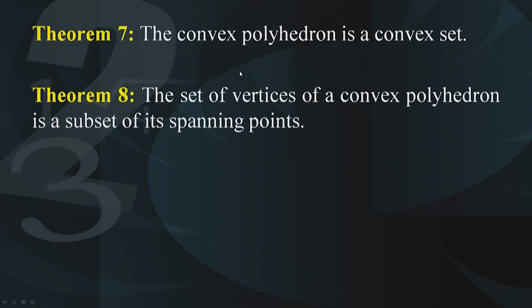So, that is the definition of a convex polyhedron. Theorem number 7, the convex polyhedron is a convex set. This is very clear because that is the way the definition has been given. Theorem number 8, the set of vertices of a convex polyhedron is a subset of its spanning points.